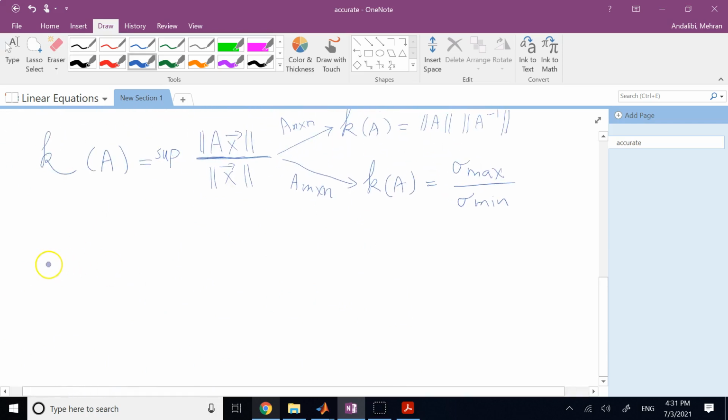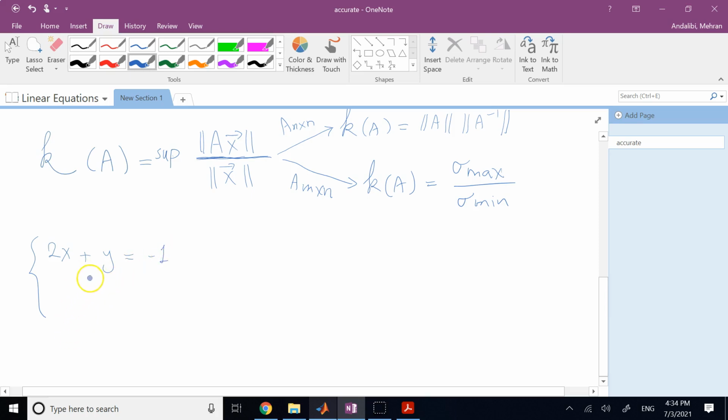Here I'm going to show you two different sets of linear equations where I'm trying to solve for x and y, and then show you the accuracy or the sensitivity of the solutions. My first set of equations is something like this: 2x plus y is equal to, let's say, -1.